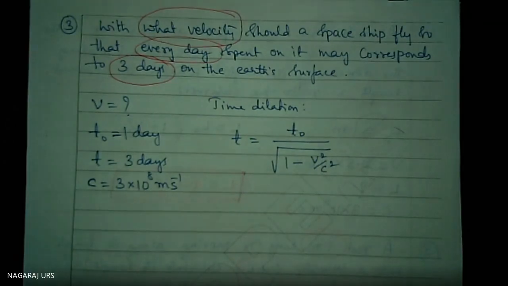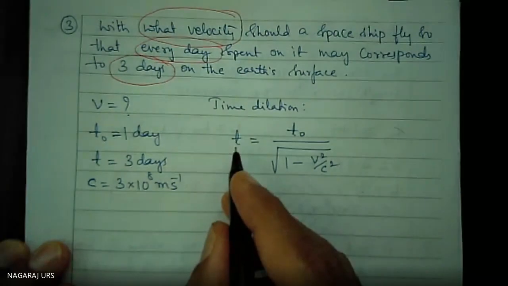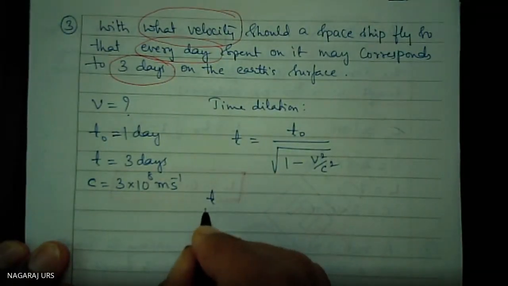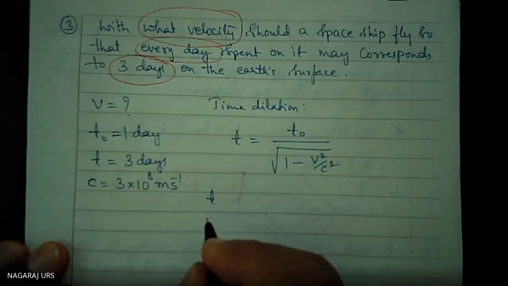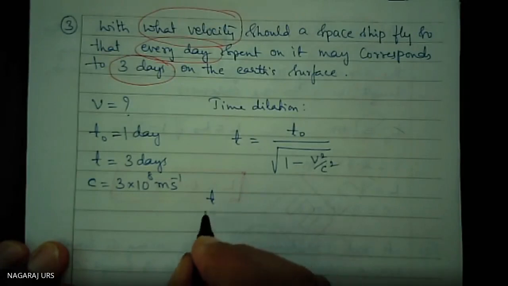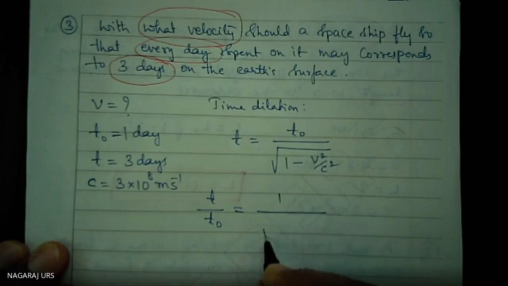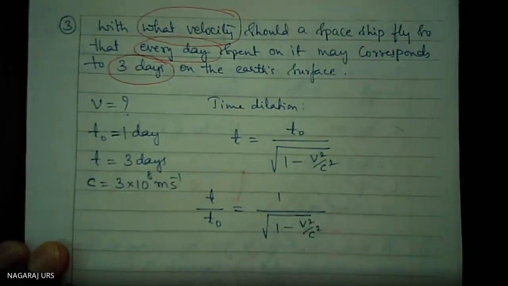Yes, look at the calculation part now. Just observe here. I will do it. No problem. Very easy concept. So here, shall I write t divided by t naught? t divided by t naught is 1 divided by root of 1 minus v square divided by c square.